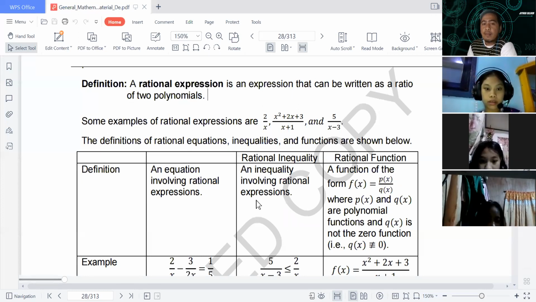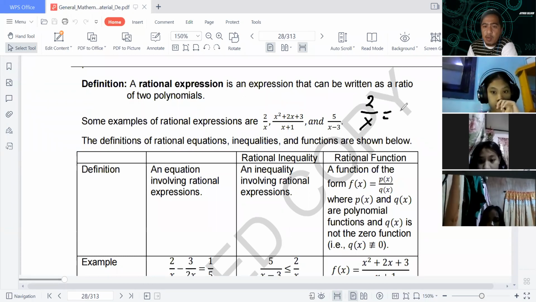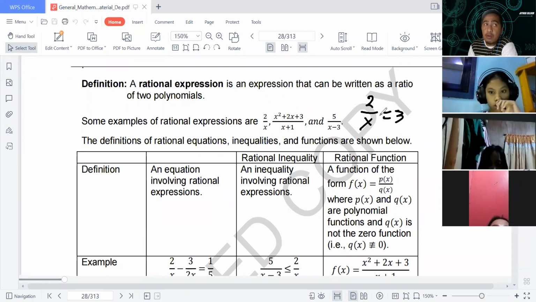Of course, it involves a rational expression and it also involves equality. So, say for example, you have 2 over x equal to 3. This is a rational expression and it involves equality, then it is called a rational equation.